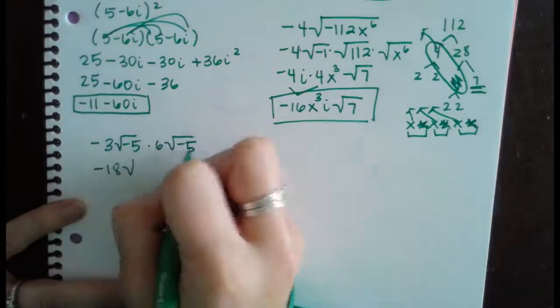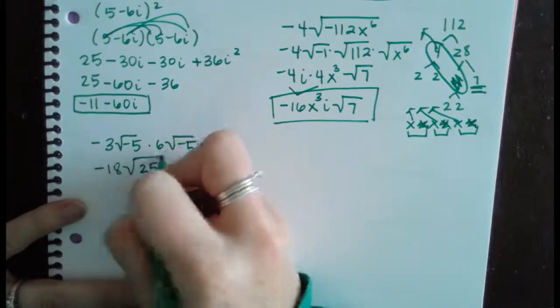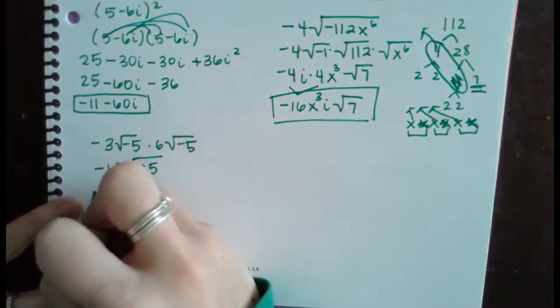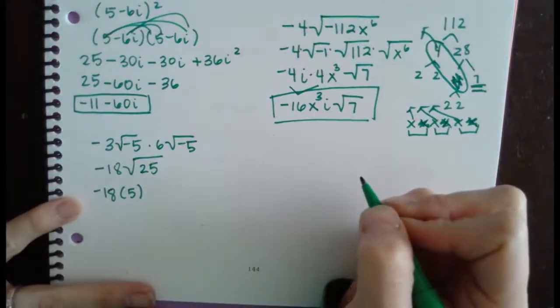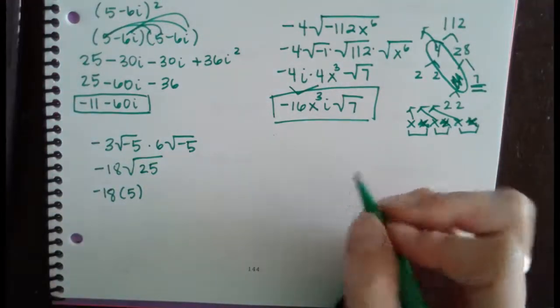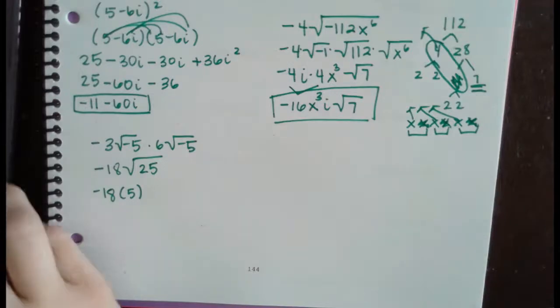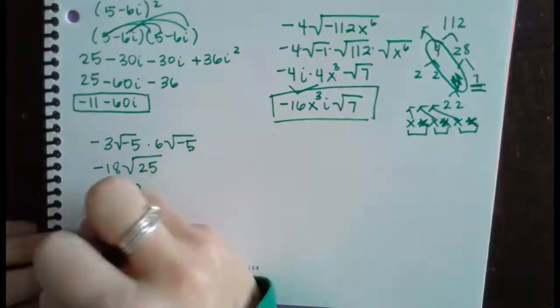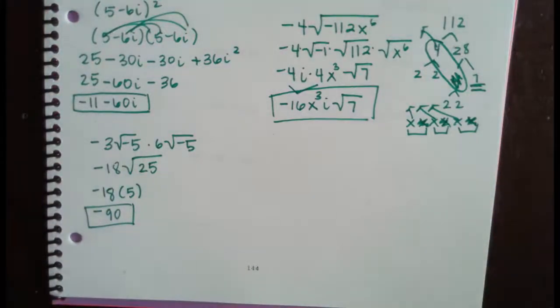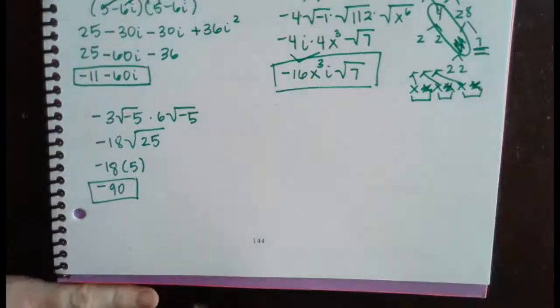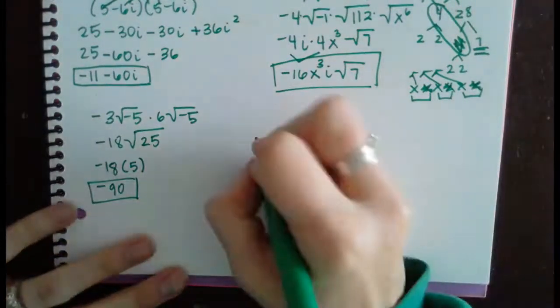Okay, I'm going to do one more with you. Let's do negative 11 times the square root of negative 38, times 2 times the square root of, let's go with 18.